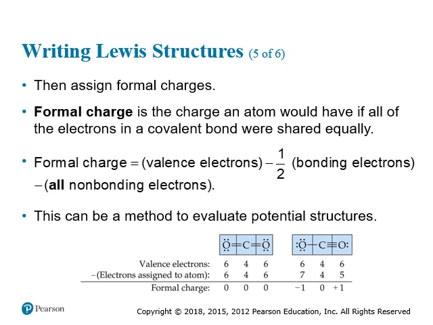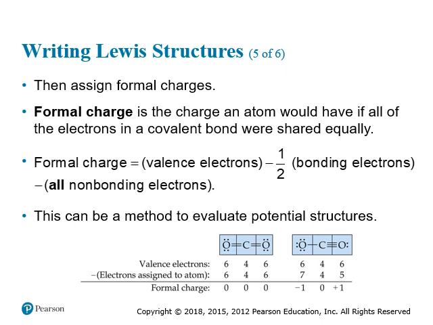Both of those would seem to suggest satisfactory Lewis structures, but there's a way to evaluate which one is the most satisfactory Lewis structure, and that involves assigning formal charges.